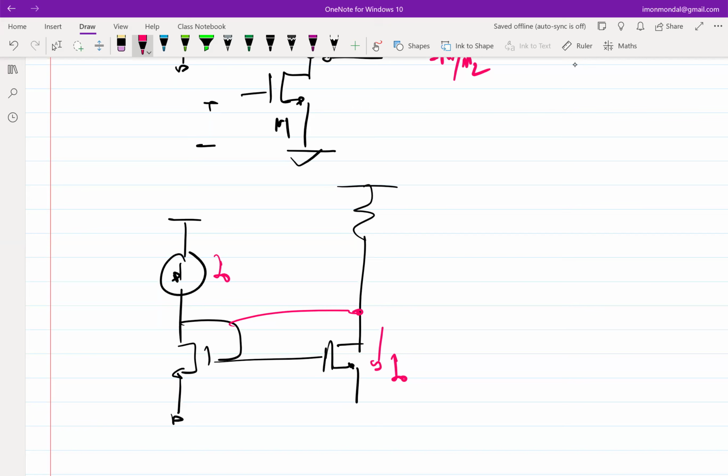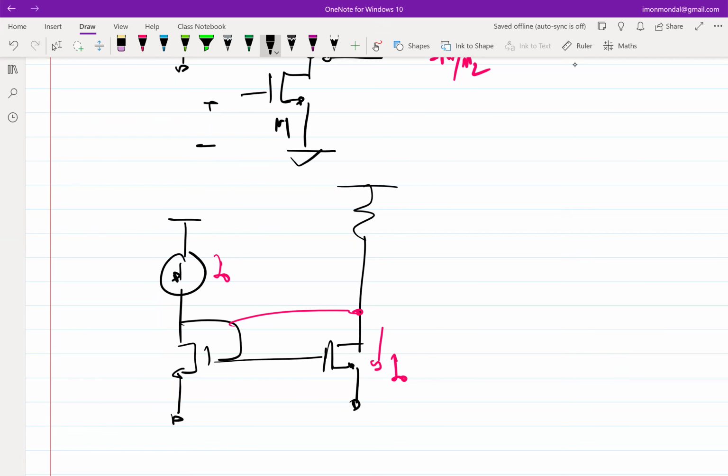The other issue is, one of the good things about a current mirror circuit is that, other than the fact that we are trying to mirror the current, we are also trying to make a decent voltage controlled current source, a decent current source on this side. Right? So a transistor is supposed to be a current source, but in the presence of channel length modulation, it's a poor current source.